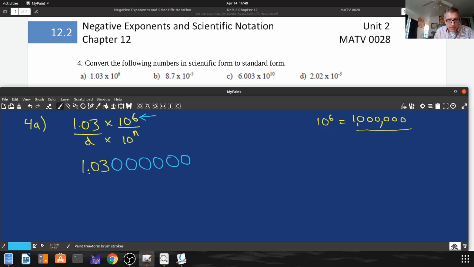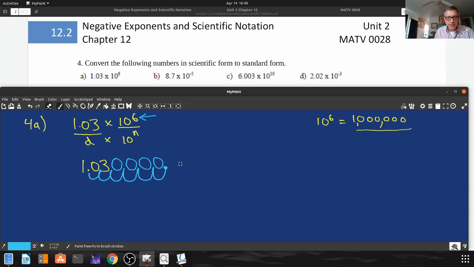I'm going to take my original decimal and I'm going to move it. I've got to make 1.03 a larger number. So I'm going to move it 1 place, 2 places, 3 places, 4 places, 5 places, 6 places. So I don't need these zeros. I overdid it by 2.